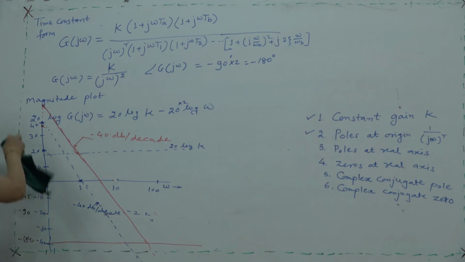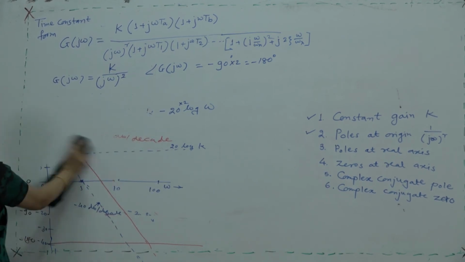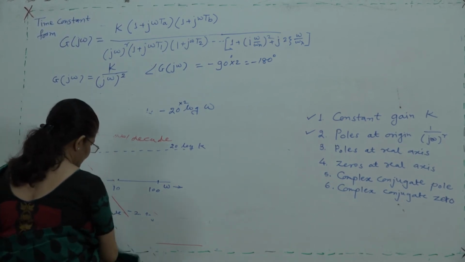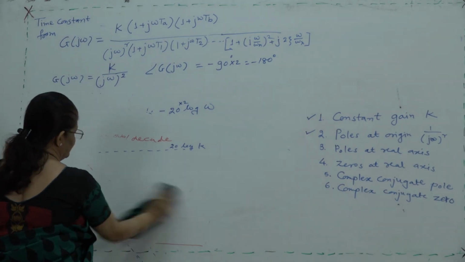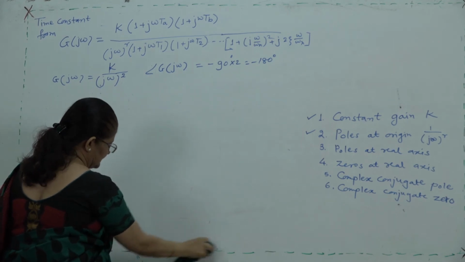Okay. So, the first 2 points we have seen in detail. Then the third point already we have seen in previous lecture, 1 plus j omega t. Okay. Just I will repeat it first.